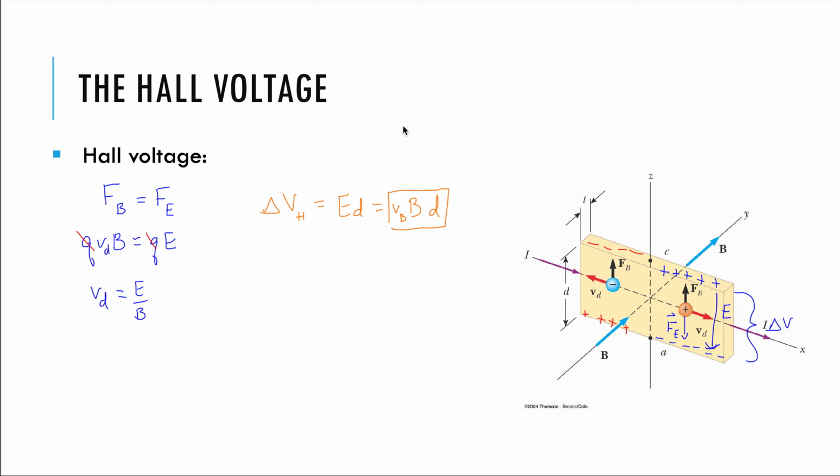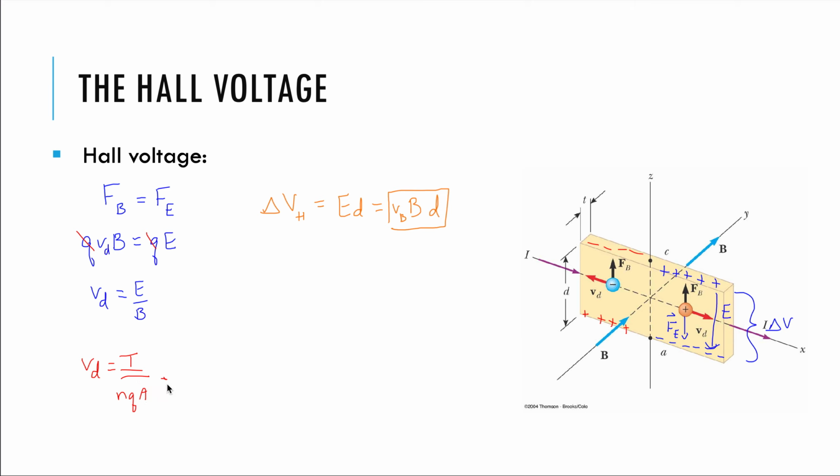So what's useful is to also write down another expression for the drift velocity, which we learned back when we looked at current. And V sub D is equal to I over NQA: the current over the charge carrier density times the charge times the cross-sectional area.